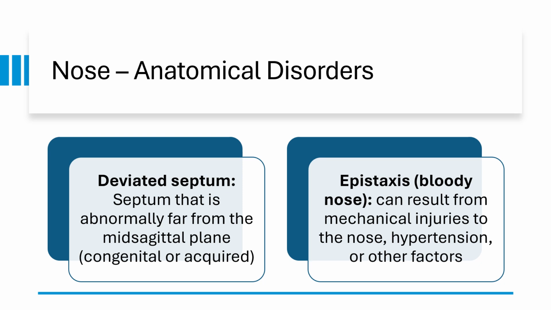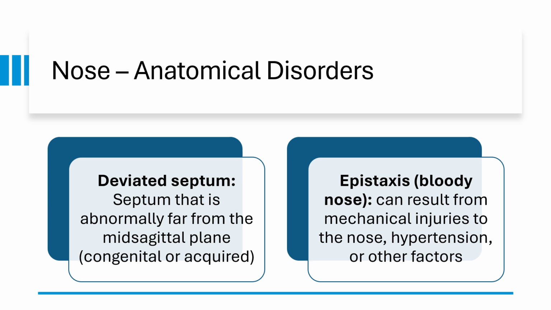What this basically means is that we're supposed to have these two parts of our nose split in a very direct way, but sometimes, and this can be caused by congenital issues or acquired issues, it's very far from where it should be. Now, the reason that this matters is because when you're putting in an NG tube, you always want to ask your patient, if they're able to talk to you, if they have a deviated septum, because then you can go in there with a little bit more purpose when you're actually putting the NG tube in.